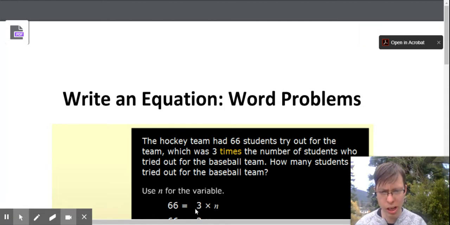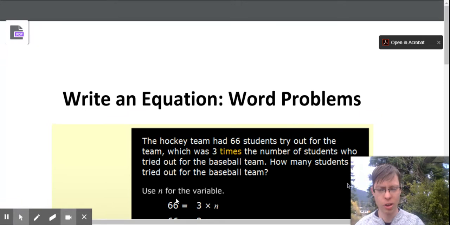So 3 multiplied by the number of students who tried out for the baseball team. How many students tried out for the baseball team? Well, we know that that's n, okay? The amount of students that tried out for the baseball team.